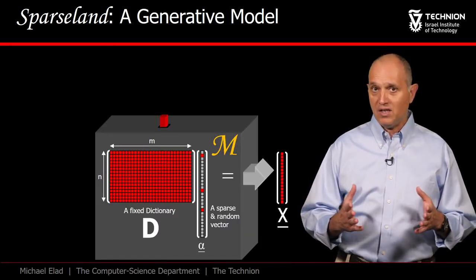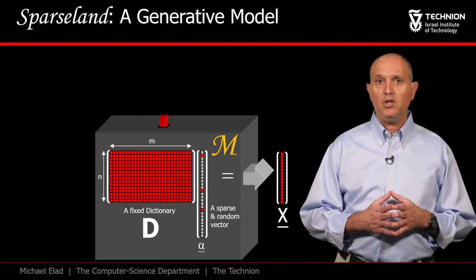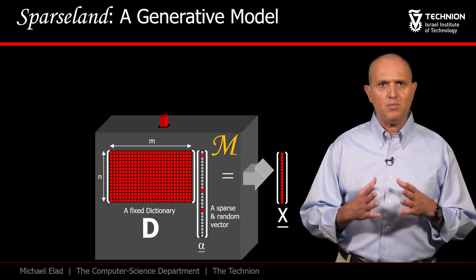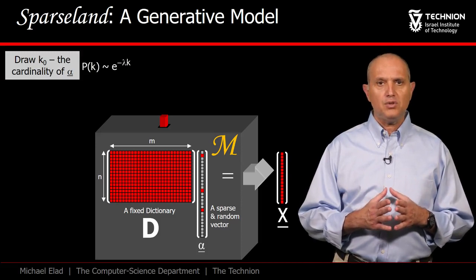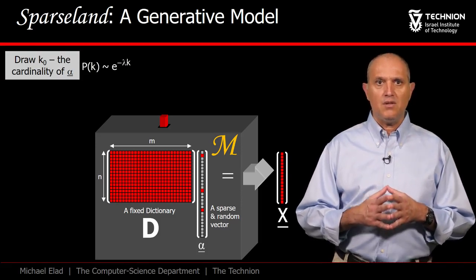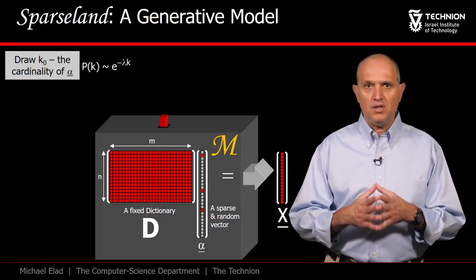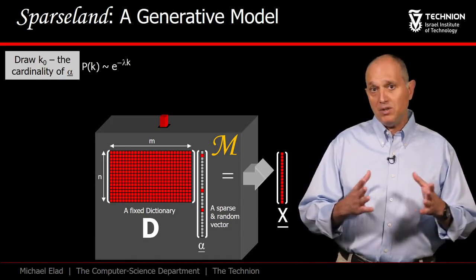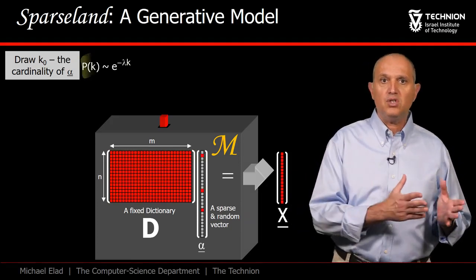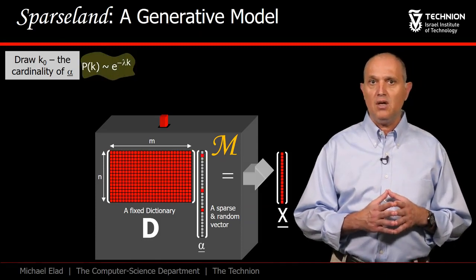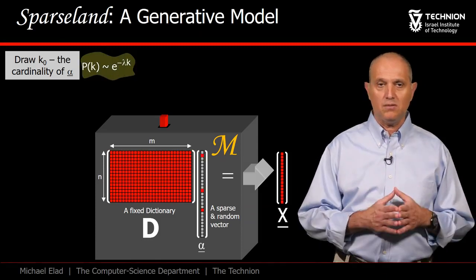So what is P of x for this model? In order to answer this, let's suggest a more specific description for the generation of alpha. We start by choosing k0 at random, the number of non-zeros that this vector will have. This could be done, for example, by preferring small values of k0 using this one-sided exponential probability, thus tending to sparsity.